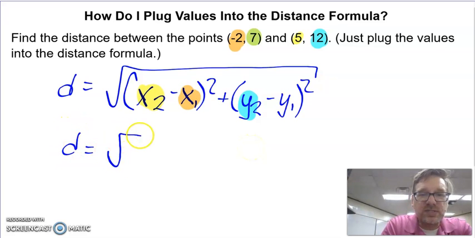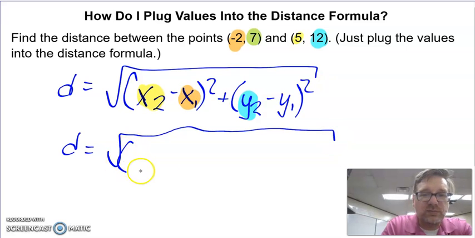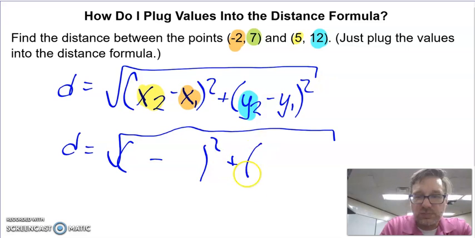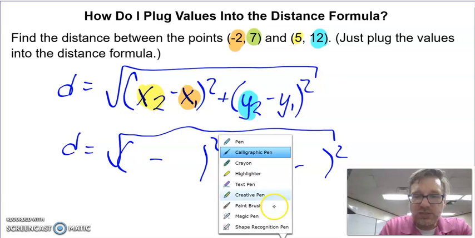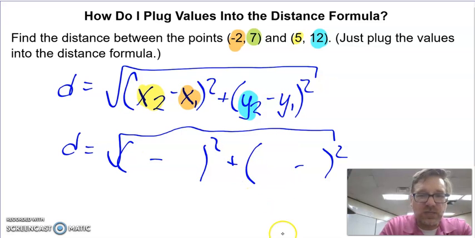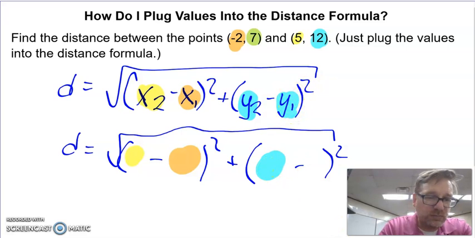So the distance is going to be the square root of, we're going to square this parentheses, we're going to do a subtraction, I'm going to add, I'm going to subtract, and I'm going to square. And I'm going to use my colors again. We're going to do yellow minus orange, and then I'm going to do blue minus green.